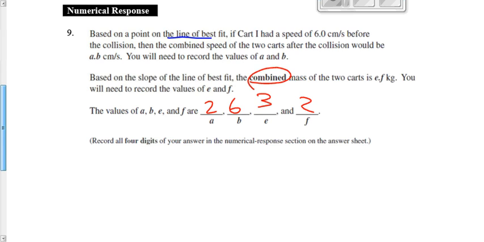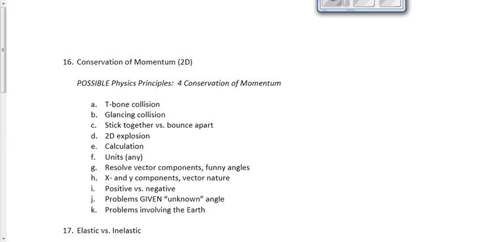We're getting there. Now we're talking about two-dimensional collisions, or collisions in two dimensions. We've got really three kinds of interactions that we're going to see here. There's the T-bone collision, which looks like this, and then typically we have them going off as one object afterwards.